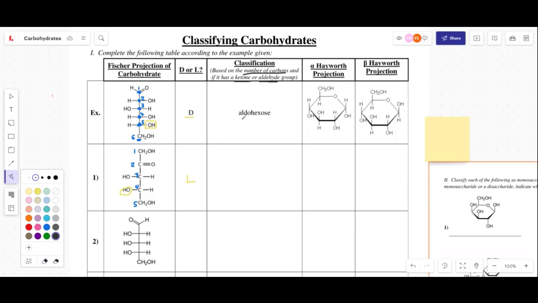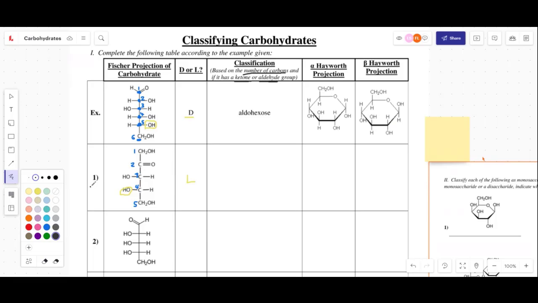If it has an aldehyde group, we call it an aldose. Since it has 6 carbons, we use the prefix hex, because hex means 6. So pent would be 5, tetra would be 4. There are trioses, but you're not going to really see trioses too much.